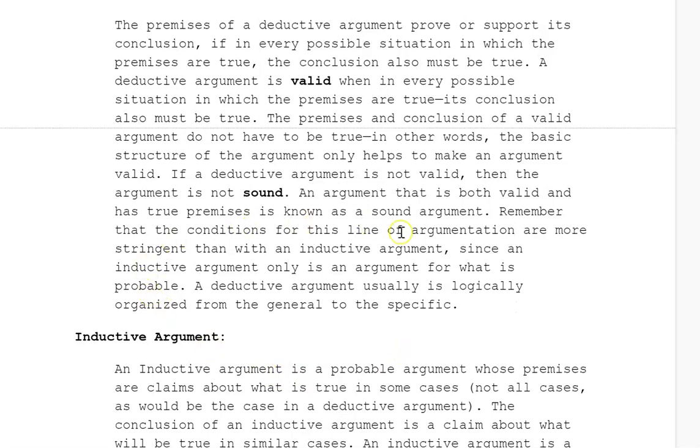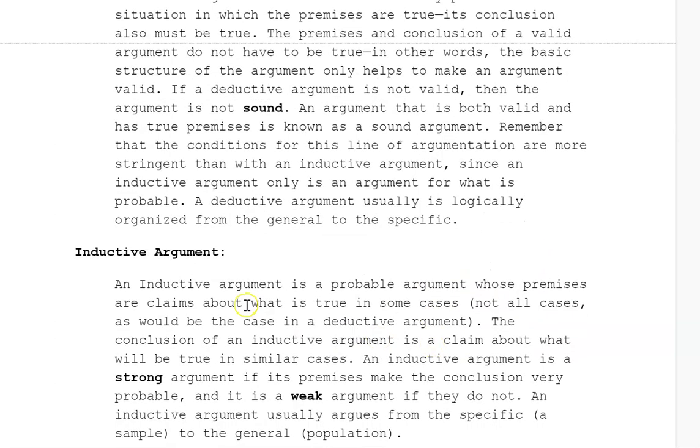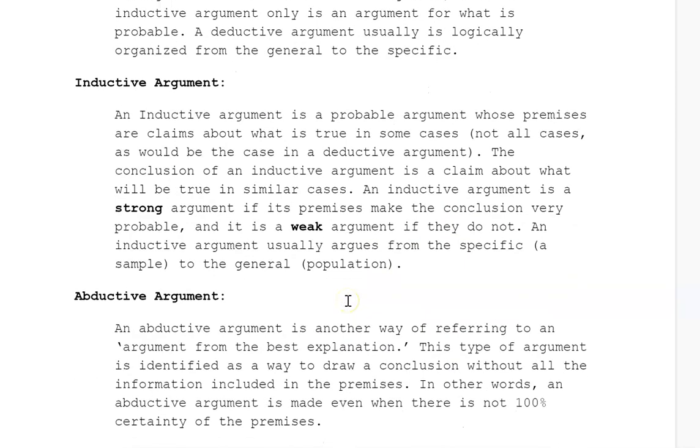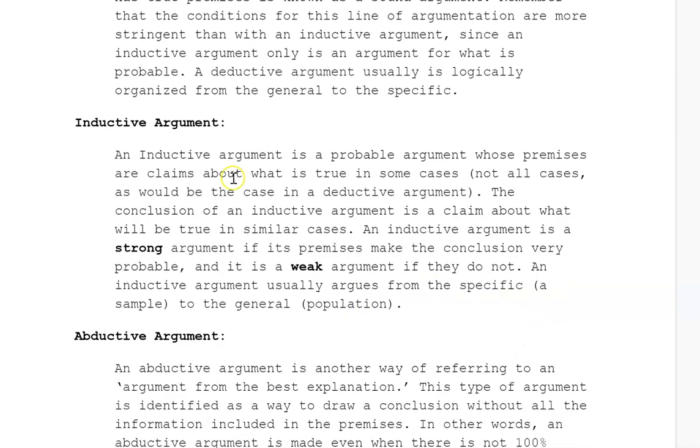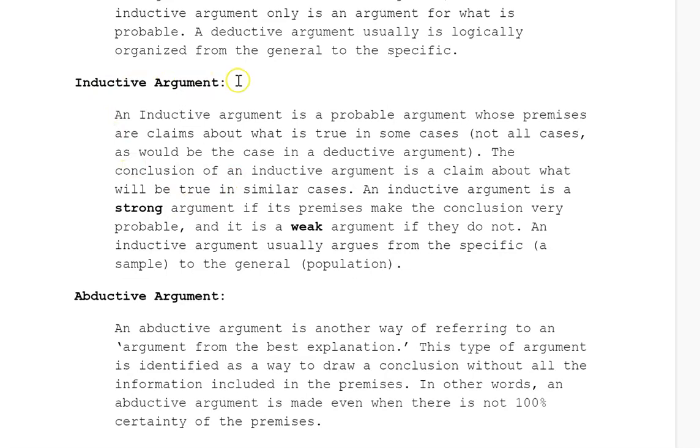In other words, there's a line of reasoning that's considering general cases as they apply to a specific example. Okay? So you're going from a broad general way of thinking to a specific individual way of thinking there in terms of that argumentation.